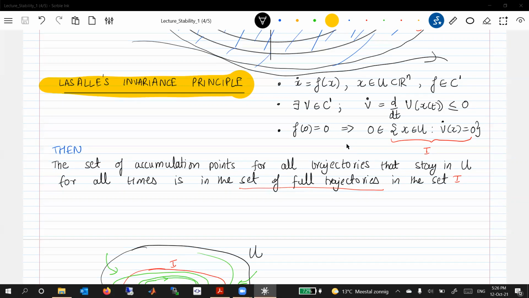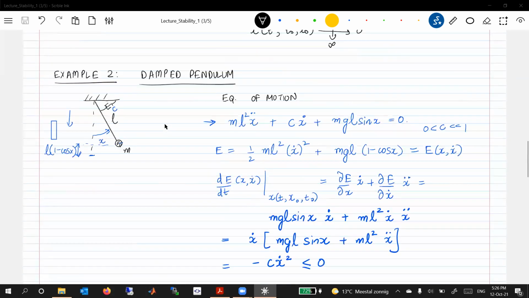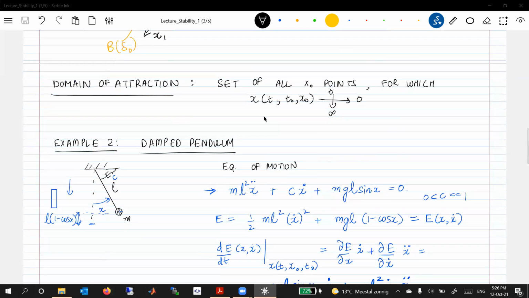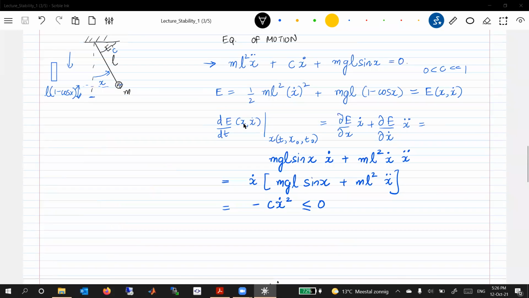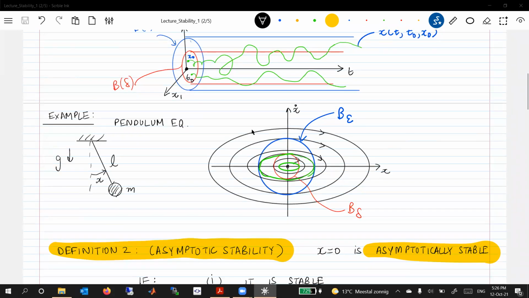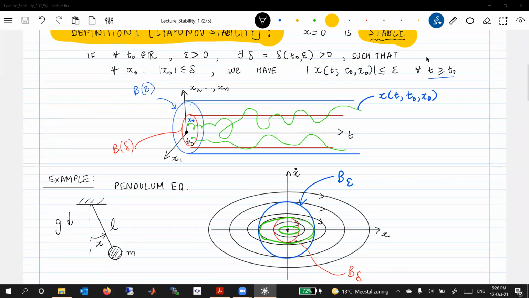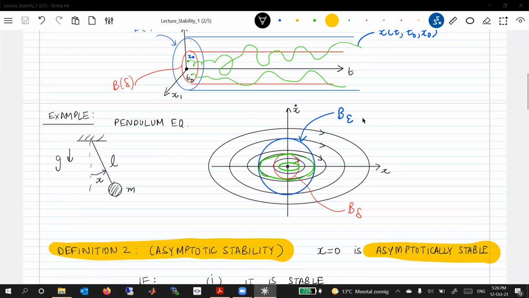So, wouldn't saying for all x naught, there exists a finite epsilon such that any trajectory stays within epsilon also work as a definition without using delta? I suppose this was a question that was raised before I discussed this example. It was a very valid question, and I wanted to address that, but I hope that it got addressed.